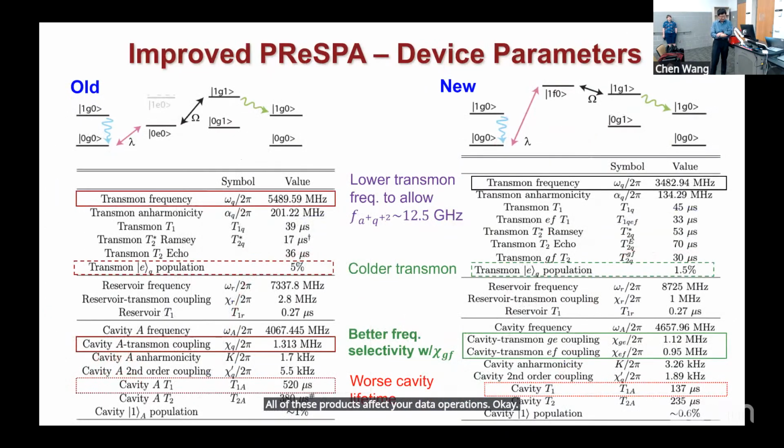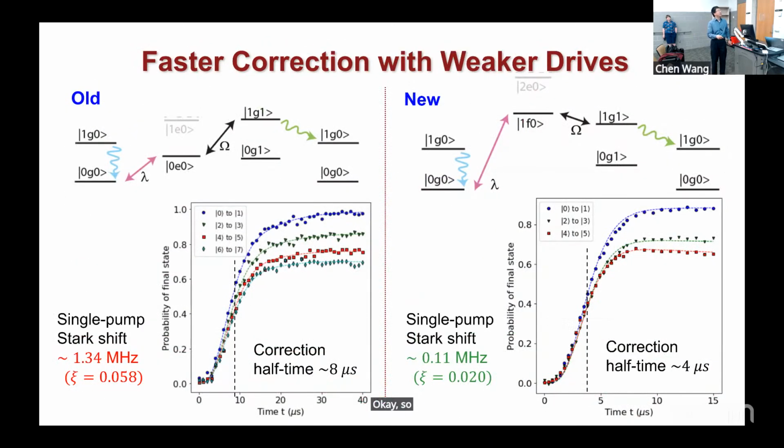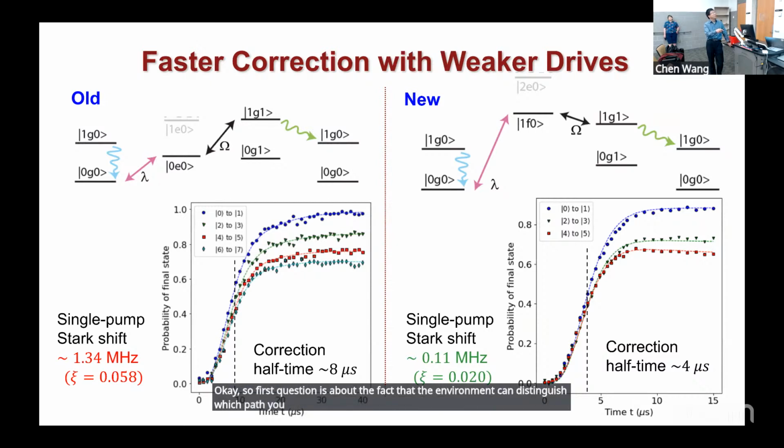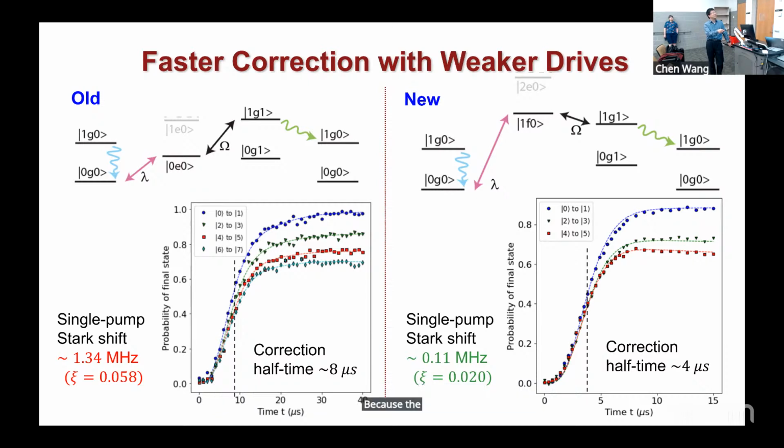Okay, so the first question is about the fact that the environment can distinguish which path you're going through because the conversion efficiencies are different.